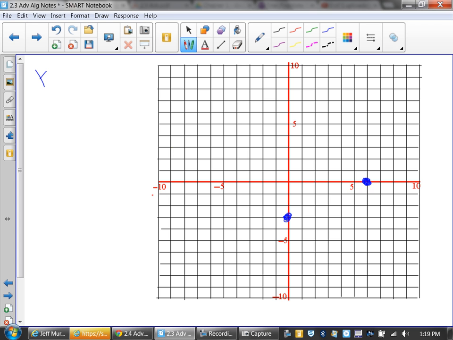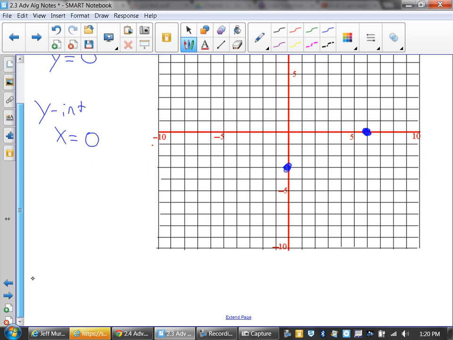So at my x-intercept, my y value is 0. Do you agree? At my y-intercept, my x value is 0. So that means when I'm looking at standard form, well, let's even do it better this way.